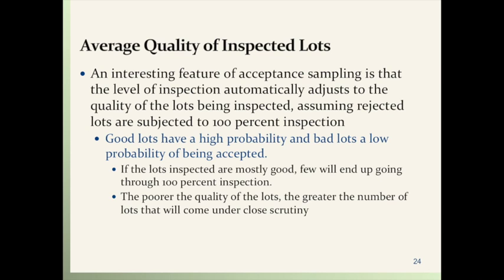If lots inspected are mostly good, few will end up going through 100% inspection. The poorer the quality of lots, the greater the number of lots that come under close scrutiny. So if you're getting good quality stuff, it's not getting very much 100% inspection. If you're getting poor quality stuff, all the lots end up getting 100% inspection.